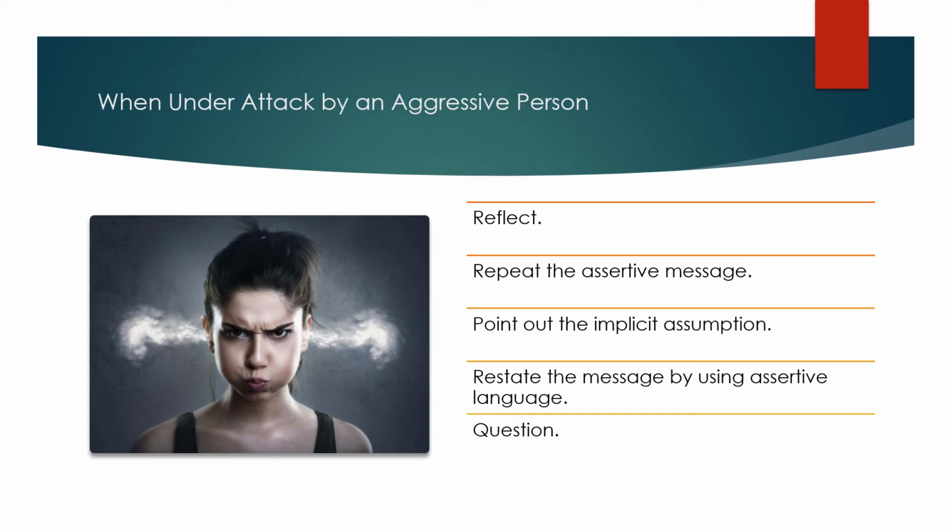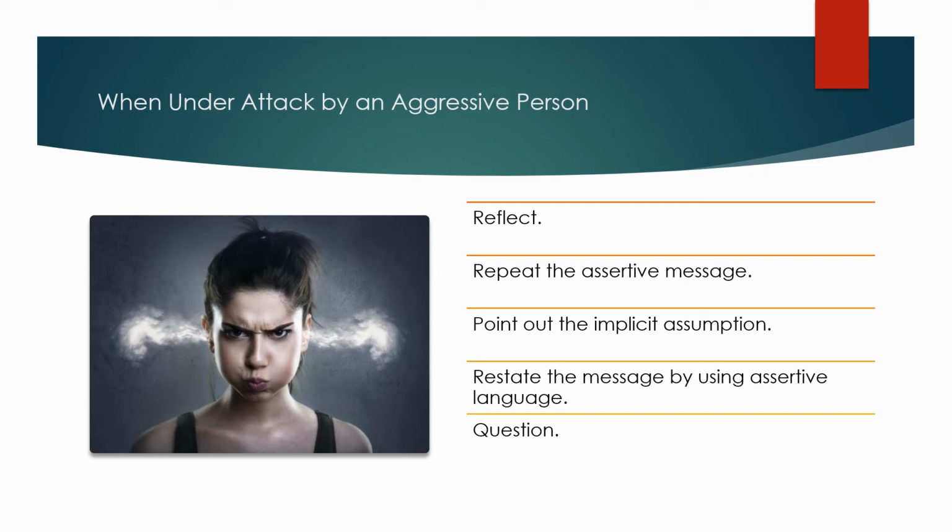Again, we can repeat that assertive message. Repeating the message focuses on the message's objective content, and this will be more effective when the aggressor overgeneralizes or seems to fixate on a repetitive line of thinking. We want to point out the implicit assumption. This might involve listening closely and letting the aggressor know that you have heard them.